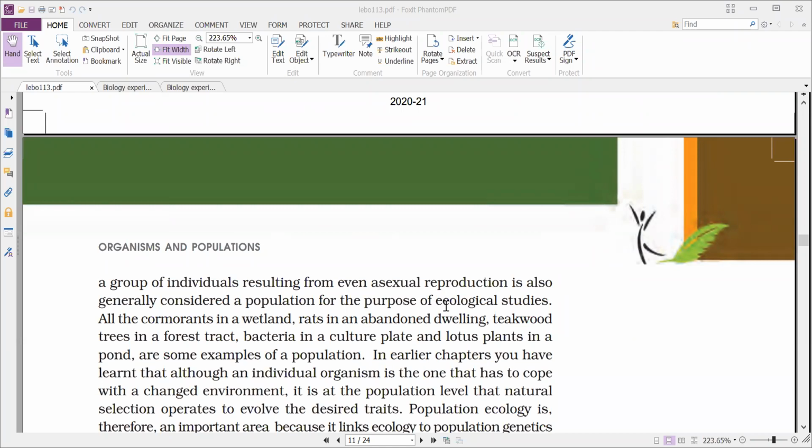But here, for population, even if the organism undergoes asexual reproduction, it produces similar individuals which share the same area and compete for the natural resources. So for ecological purposes, we include asexual reproduction also, because it is also involved in the production of similar individuals.